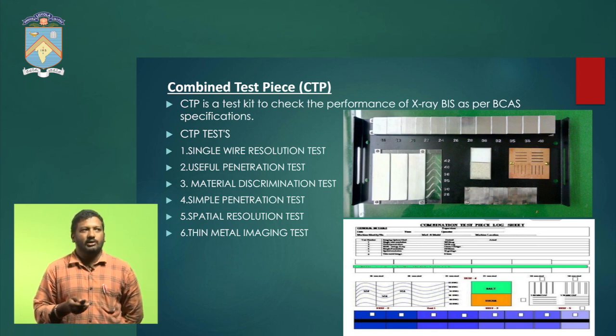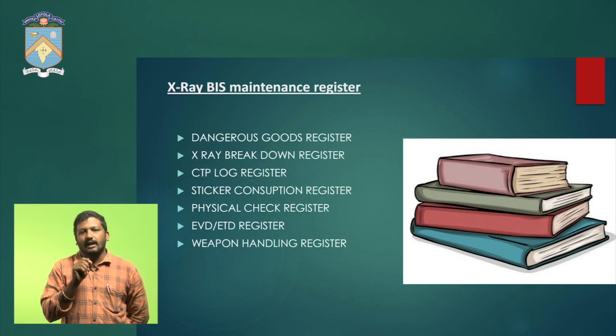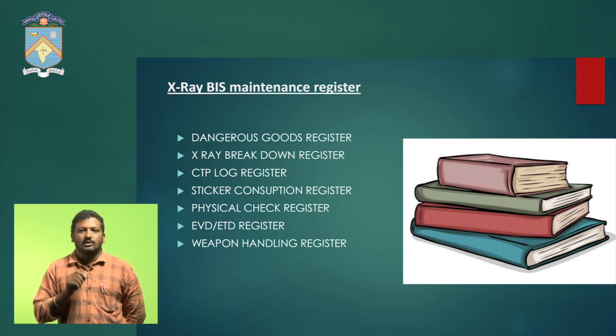So next I am going to explain about the X-ray maintenance registers. While we are performing X-ray duty as X-ray duty officers, what documents do we need to maintain? As per BCAS, we need to maintain an X-ray breakdown register.